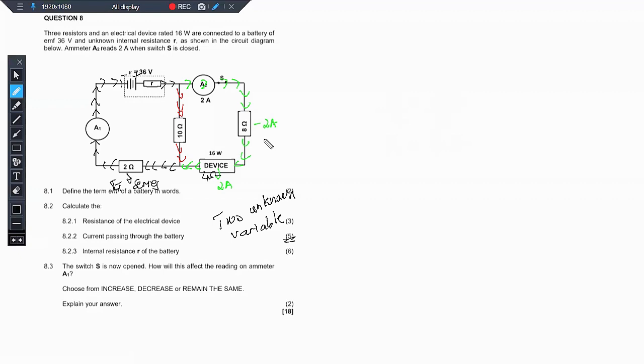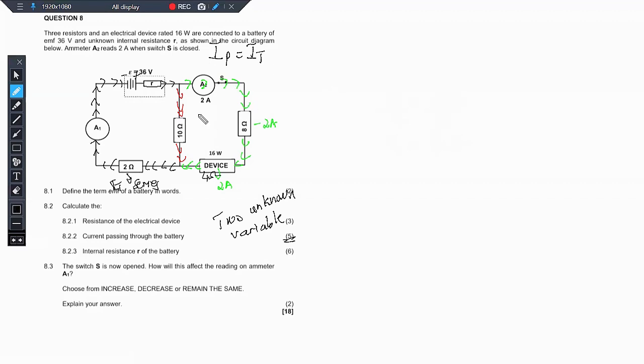Now, what can we do in order to calculate the current of the battery? We only know the current of the 8 ohm and the device here, which is 2 amperes, right? So it's 2 amperes throughout here. That means in order for us to calculate the total current, if we calculate the current through the parallel resistors, this will be the same current that flows throughout the circuit, the total current.